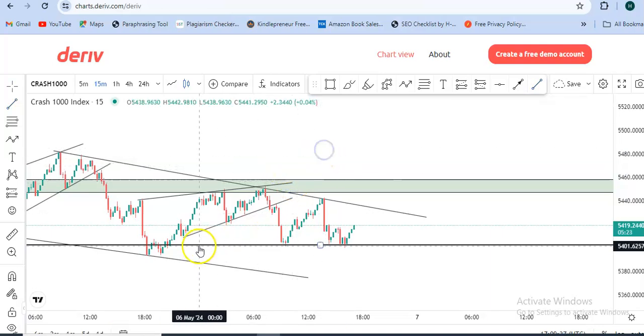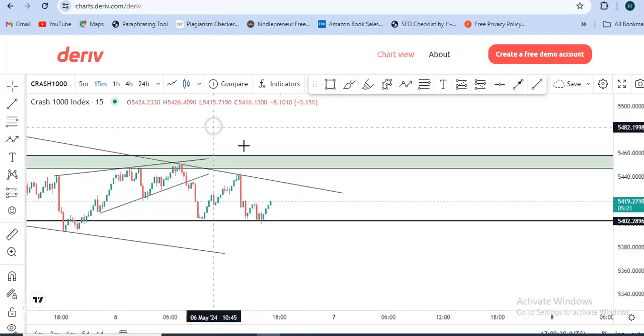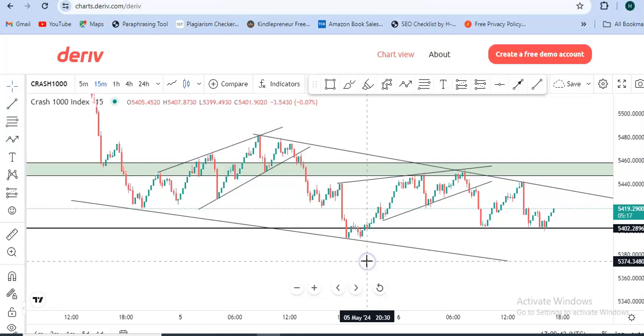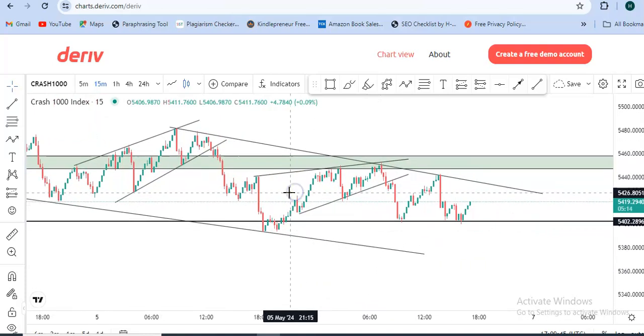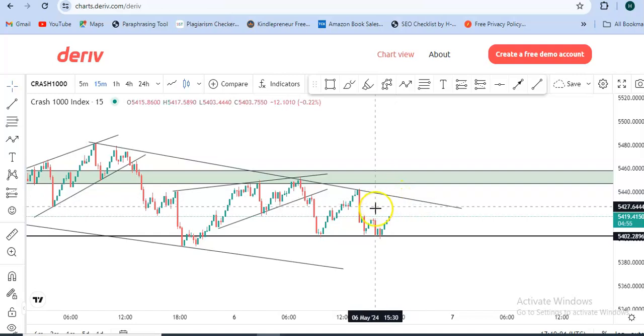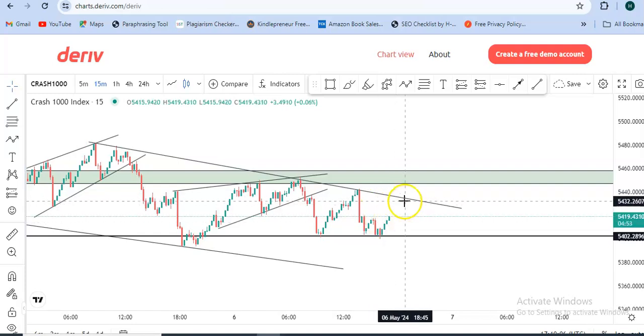All right, so guys, this setup used to play out almost every day. So what I'm trying to mean here is that every time you find an impulsive correction in a higher time frame, if you go down to a 15 minutes time frame or a lower time frame, you always find more opportunities to trade within that correction, within that channel pattern that it is forming, instead of saying let me wait for a 4 hourly time frame chart.